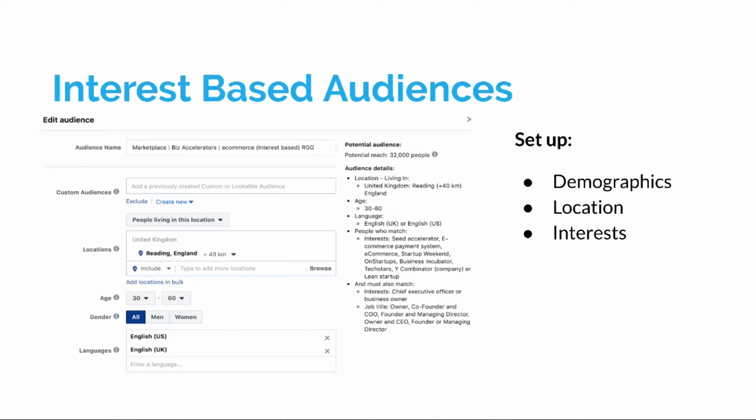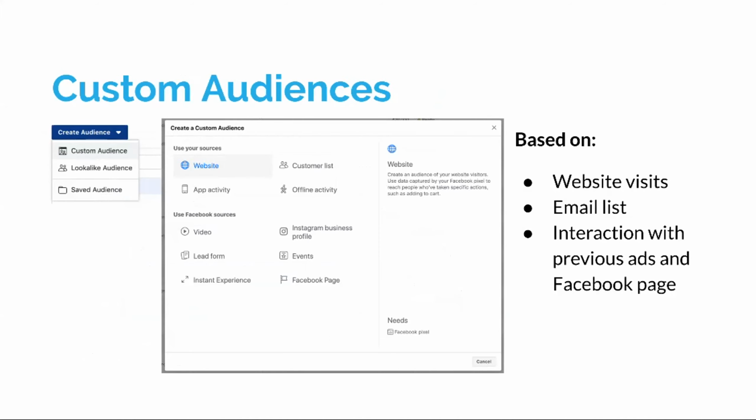And you can see these already selected on the right hand side. I've put people who match some interests related to startups, and then I've put 'and must also match', and I've put that they're business owners. I'll show you a little bit more in a moment on setting those up, but that's a bit of an overview of what the interest audience looks like.